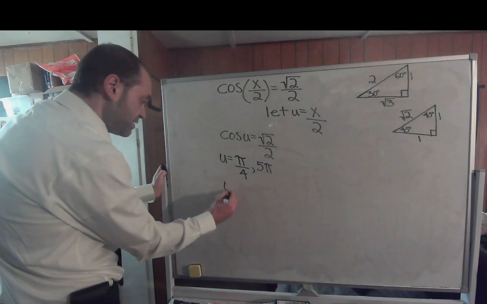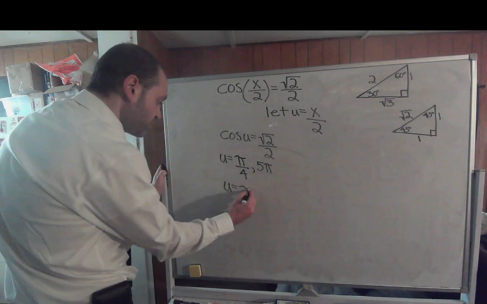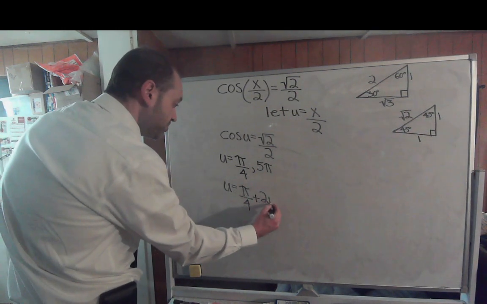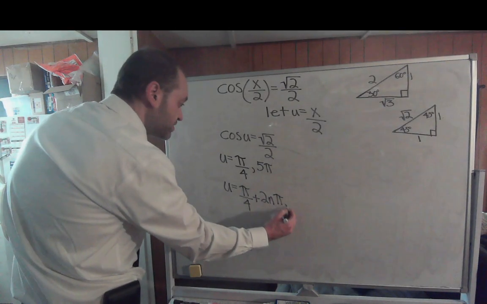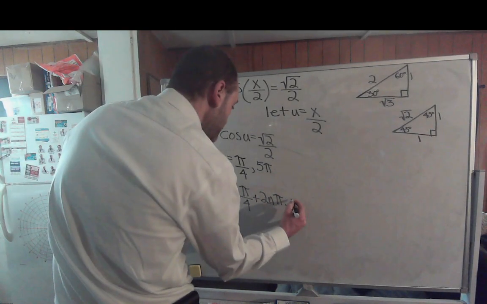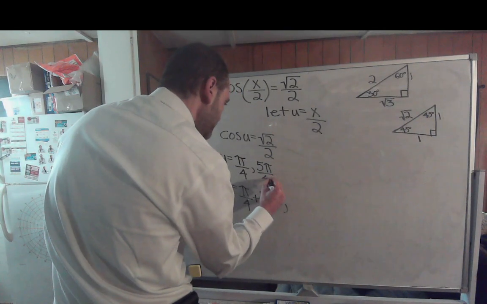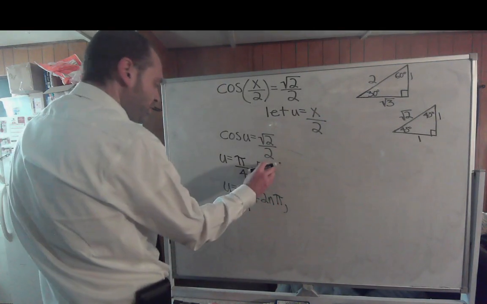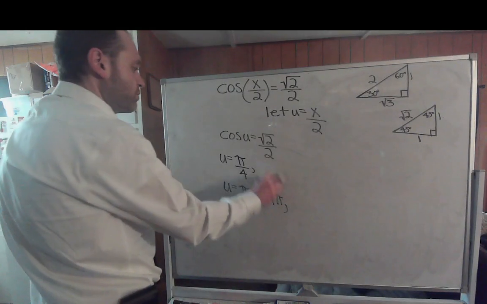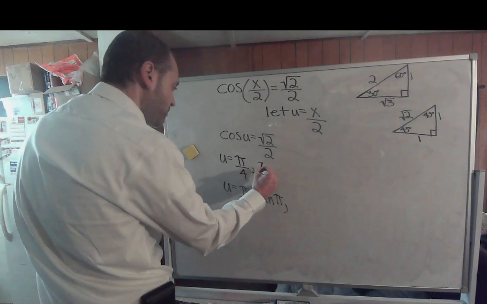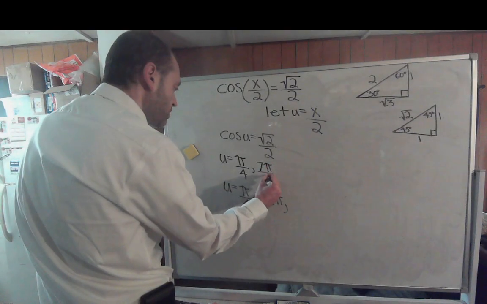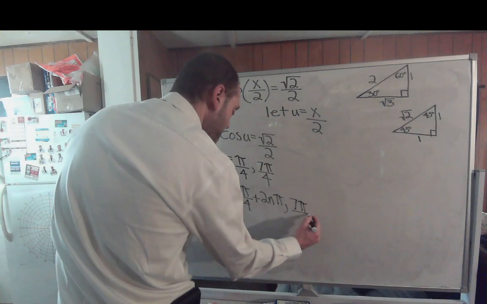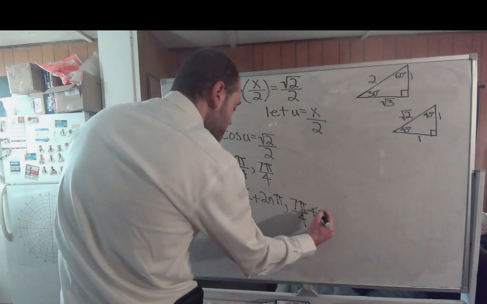So that means then that u, for general solution, would be equal to pi over 4 plus 2n pi, since cosine has a period of 2 pi, and then I say 5 pi over 4, I meant 7 pi over 4, excuse me, because it's in the fourth quadrant, 7 pi over 4. And then you would have 7 pi over 4 plus 2n pi.